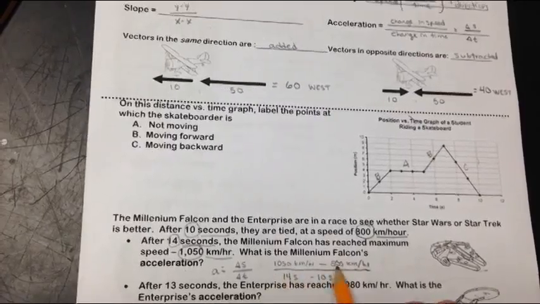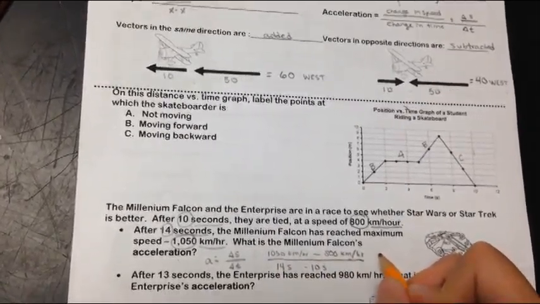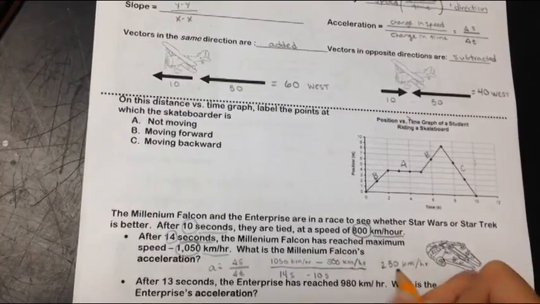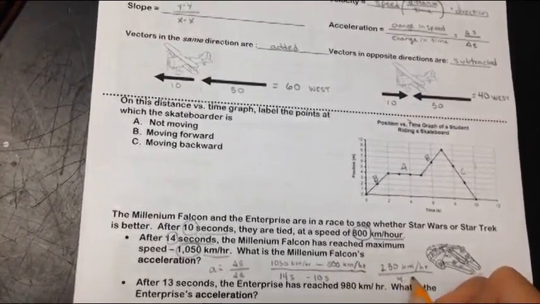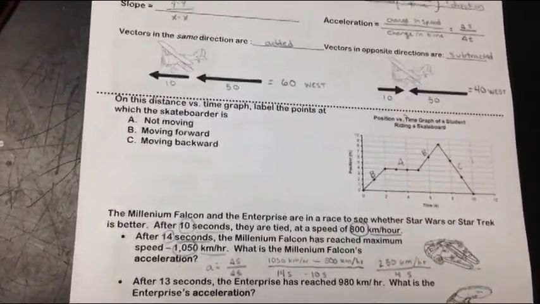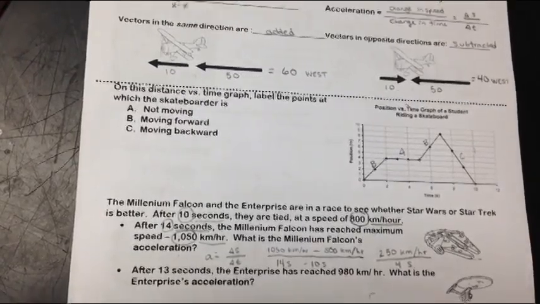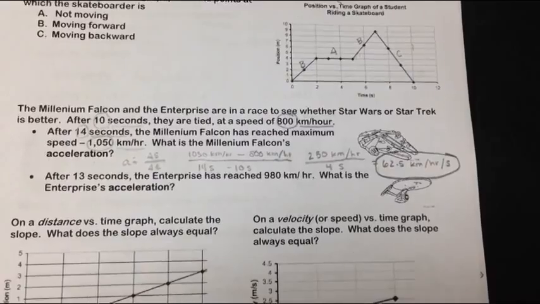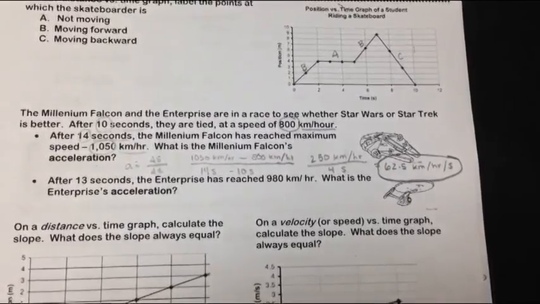So if I simplify, what I've got here is 250 kilometers per hour in 4 seconds. And you would simplify that down even further to get your final answer. So your final answer there would be 62.5 kilometers per hour per second.